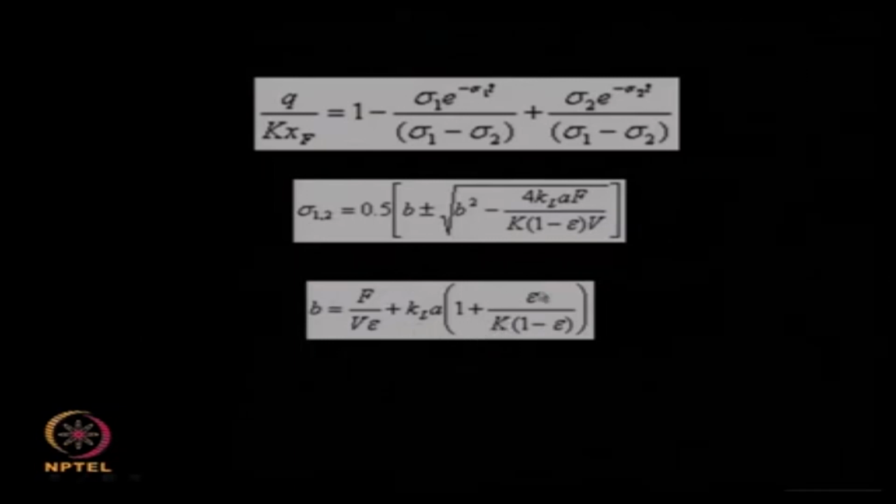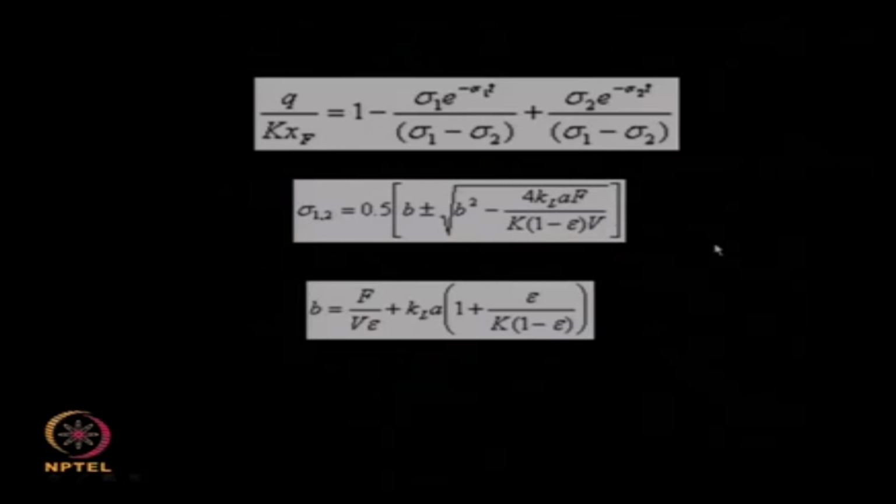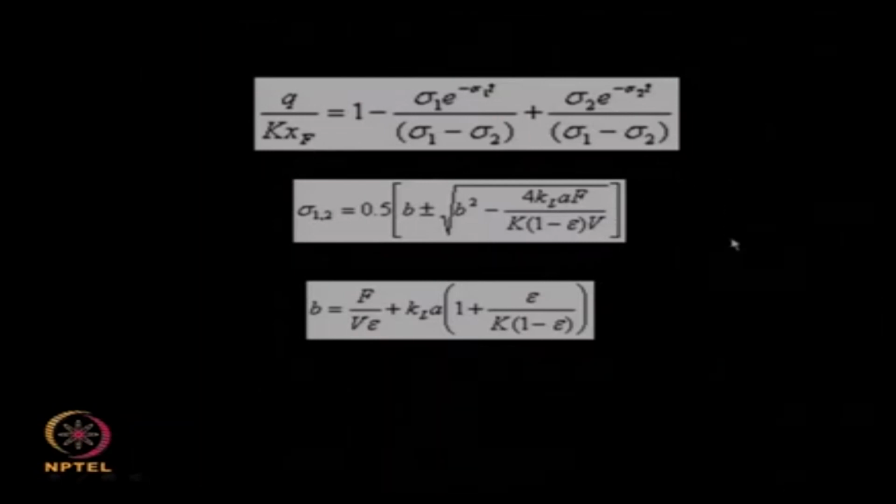So all these come into the picture some way here into B and into sigma and so on. So it looks very complicated, but once you know how to solve a set of linear ordinary differential equations, you will understand why you get this type of equation. It is not very difficult, but we will not spend time in actually solving it.